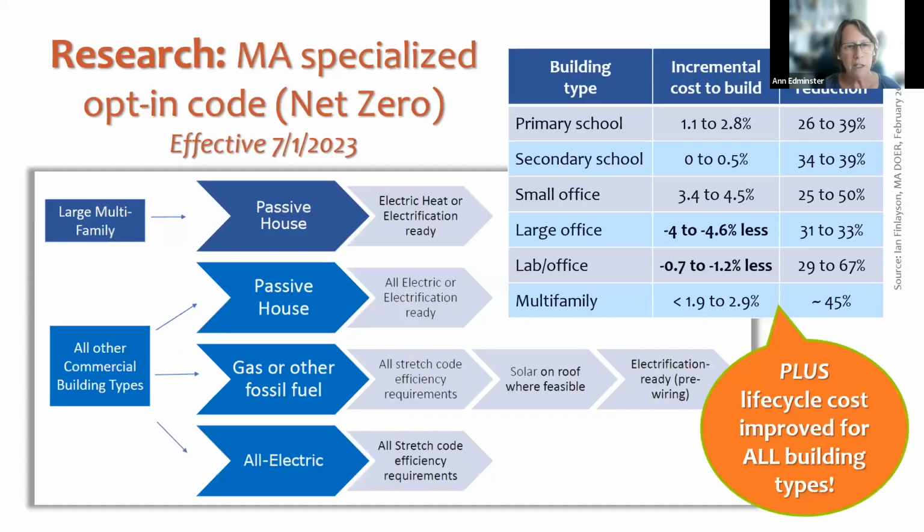And here's part of that research as well, where they looked at more building types, and they found the table in the upper right summarizes this nicely. Again, very, very nominal cost increases across building types, or even savings as compared to conventional design. And one of the real standout findings was actual improved life cycle cost improvements across all building types.